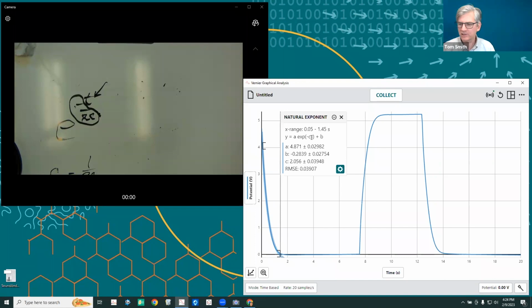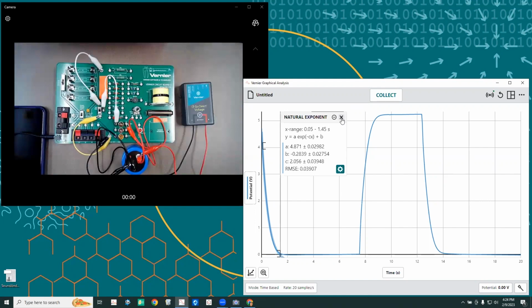You have anything to add to that, Josh? I don't think so. Yeah, you did a good job there. I think that combination of R and C is important to keep in mind for demonstrations like this, where you want to be able to really see that light come on and then fade out as it discharges.